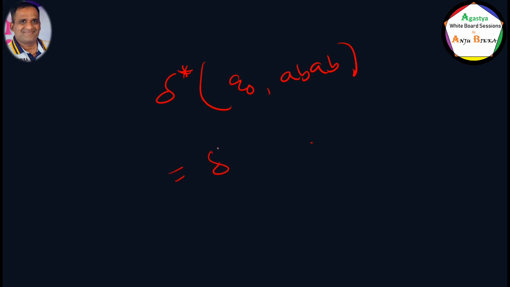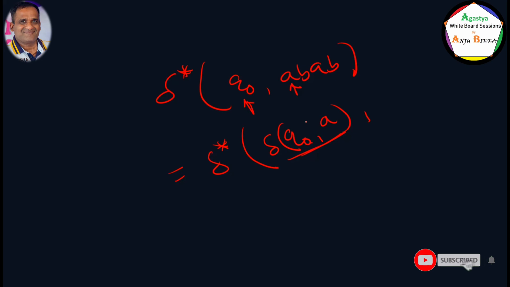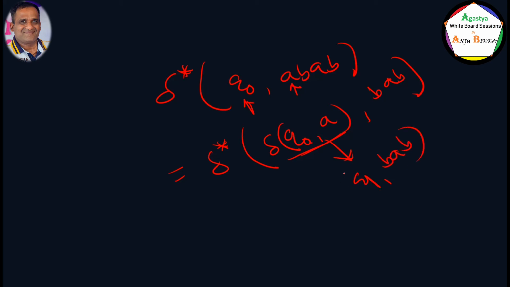This can be written as delta star from the current state reading only one input, so here we can use delta. First it reads input a, which gives another state. For that state we give the remaining input b, a, b. For example, if the state is Q1, then Q1 with b, a, b.